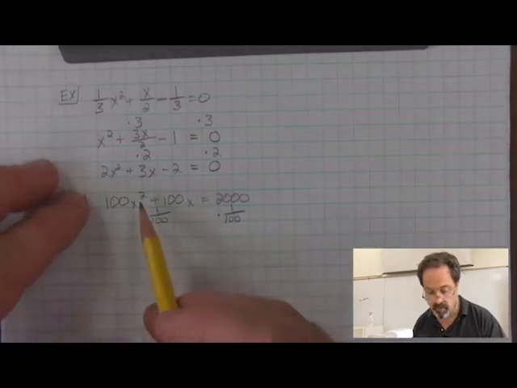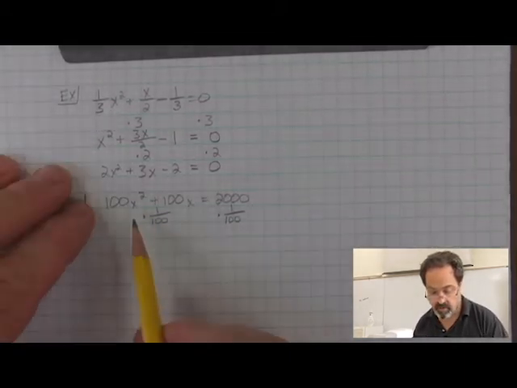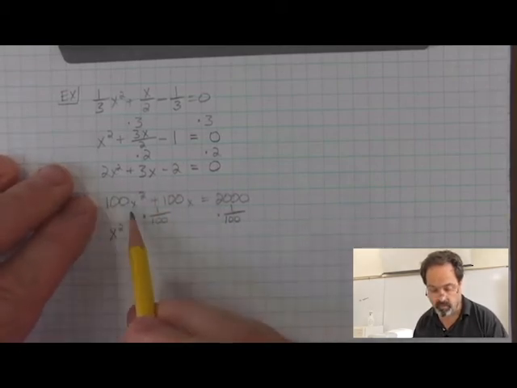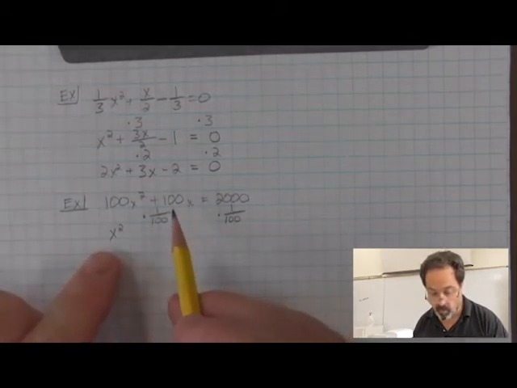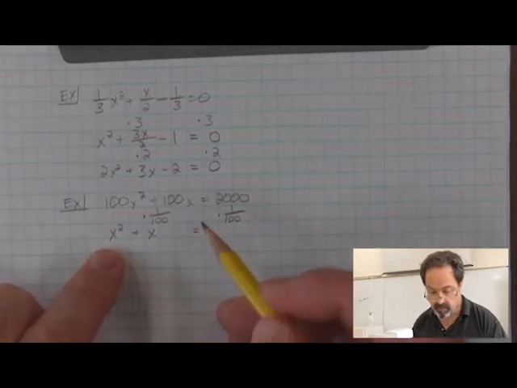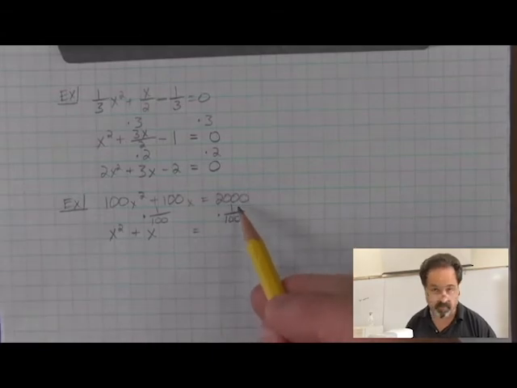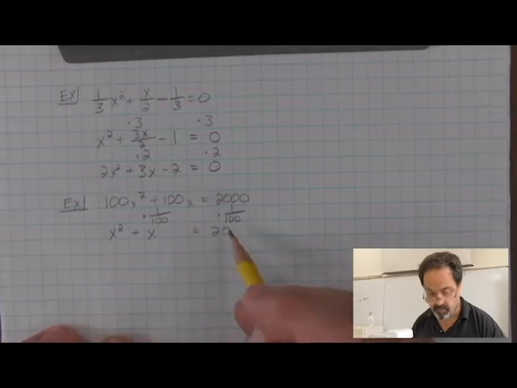And when I do that to the entirety of both sides, 100x squared becomes just x squared. That's 100x squared divided by 100 is just x squared. 100x divided by 100 becomes just x. And 2000 times 1/100th, which is the same thing as 2000 divided by 100, becomes 20.